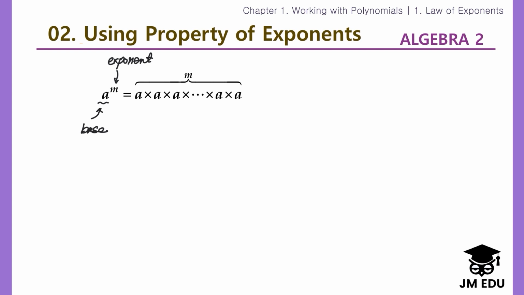The expression a to the m, where this exponent m is a positive integer, represents the product that we obtain when base a is used as a factor m times. For example, let's say we have base a to the power of 3. This means a times a times a. We multiply a 3 times.